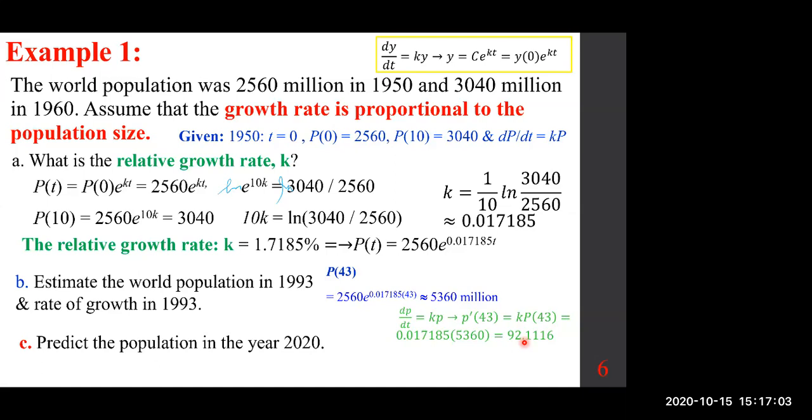So one more time, what does it mean? In 1993, the population is increasing per year by that much.